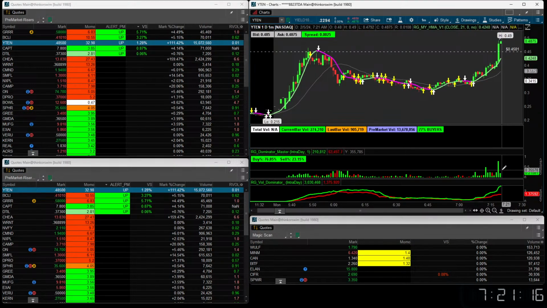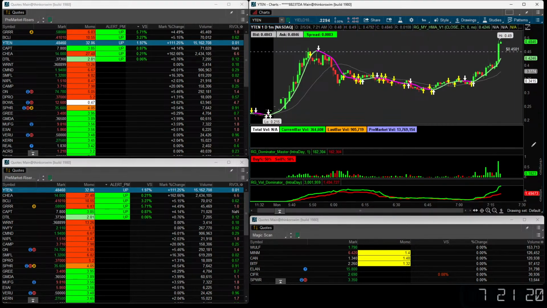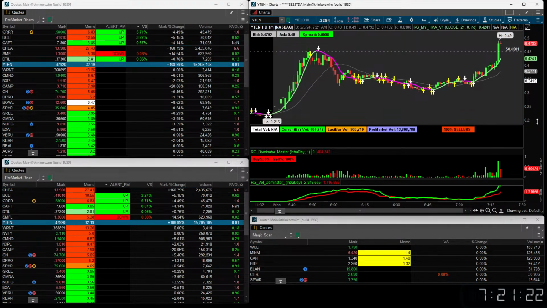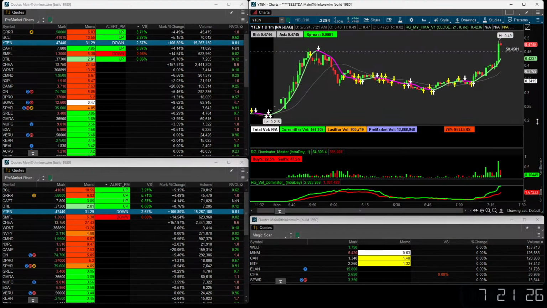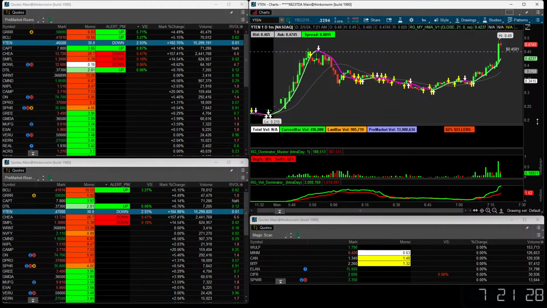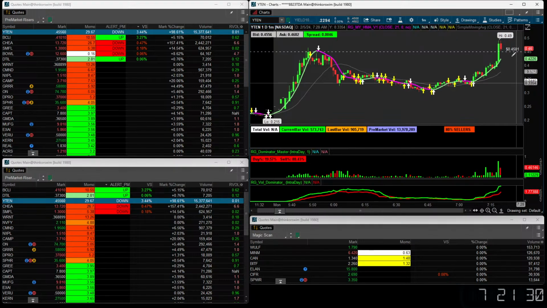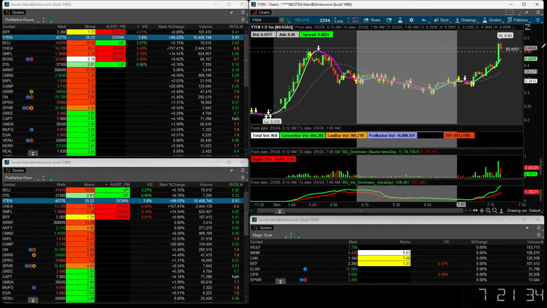Watching the green bars down here in Dominator. Sellers are there. There's the retest. Get a little bit closer picture for you.